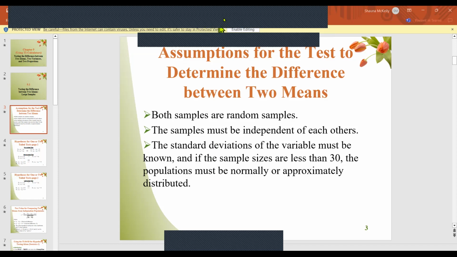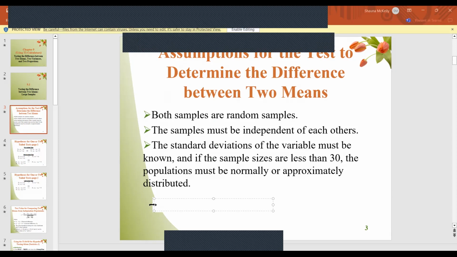For assumption number 3, you can say sigma 1, and remember, I don't have a sigma, so I'm going to call it O1, and sigma 2 are known.